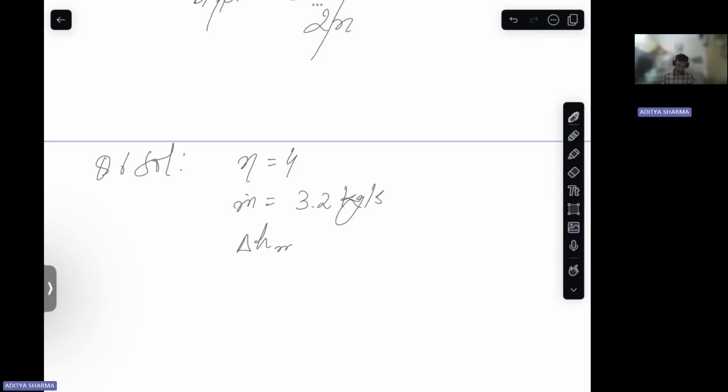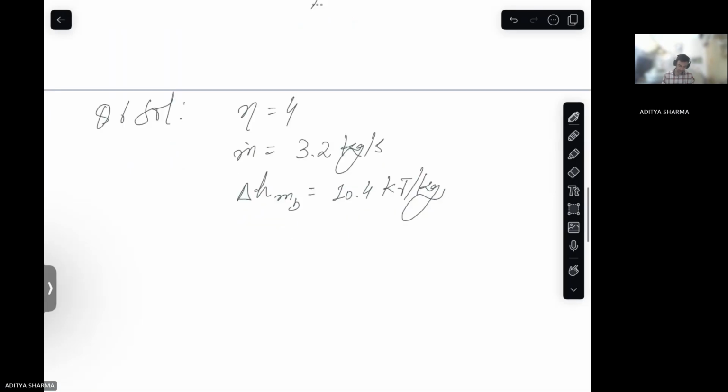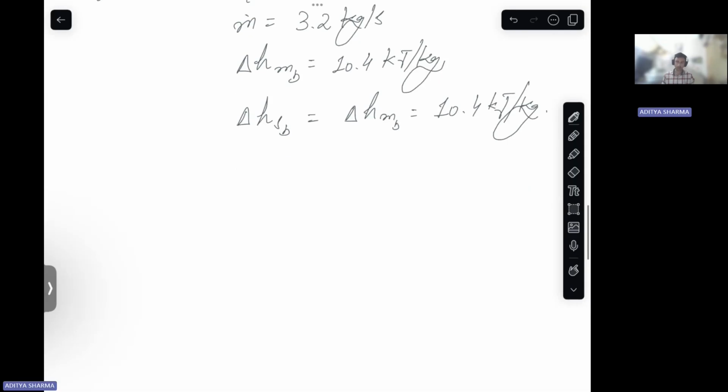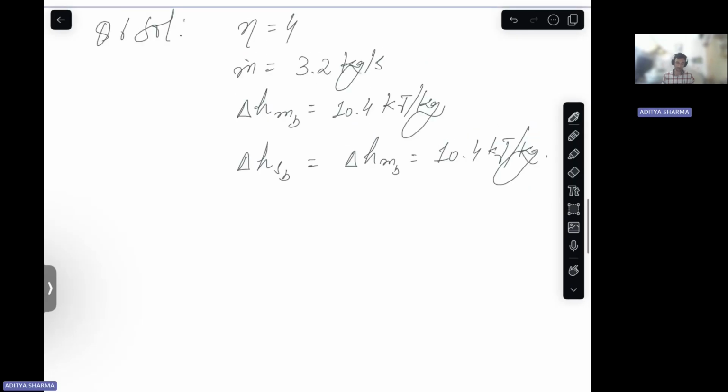Delta H of moving blades is given as this, and then delta H of stationary blades is equal to delta H of moving blades, equal to 10.4 kilojoule per kg, because it's a Parsons turbine and the degree of reaction of it is half, 50%.